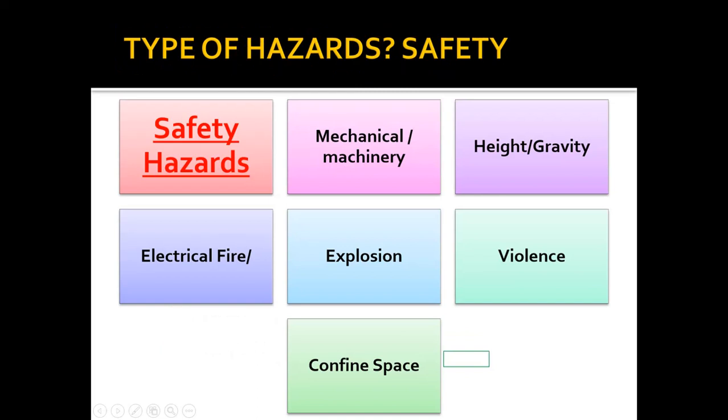And when we talk about safety hazard, always relate with mechanical or everything that relates to the machine. And number 2 is height or gravity, electrical, fire, explosion, violence, and confined space.